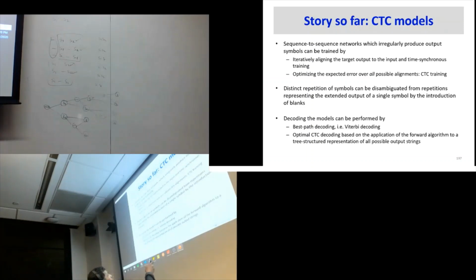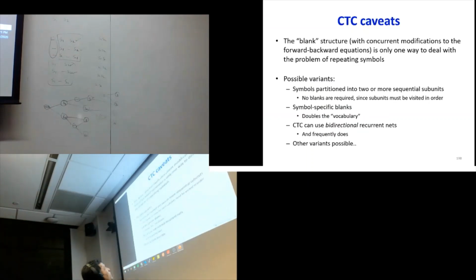Distinct repetitions of symbols can be disambiguated from repetitions representing the extended output of a single symbol by introducing blanks. Decoding the models can be performed by best path decoding, which is Viterbi decoding, or by optimal CTC decoding based on the application of the forward algorithm to a tree-structured representation of all possible output strings.